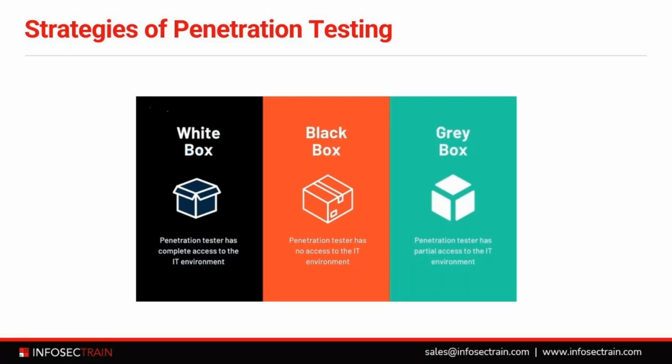So the tester has no information about the target, right? The penetration test must be conducted after extensive information gathering, right? So you do a lot of reconnaissance. Now this test simulates the process of real hacking and it gathers publicly available information like domain and IP address, right?